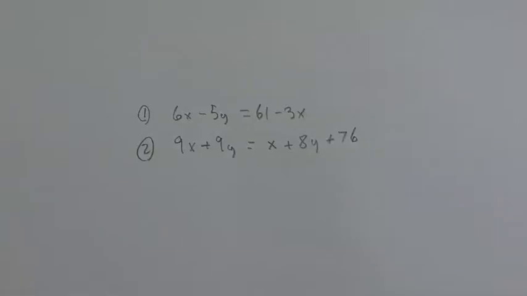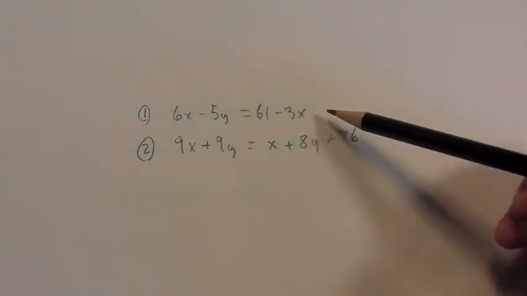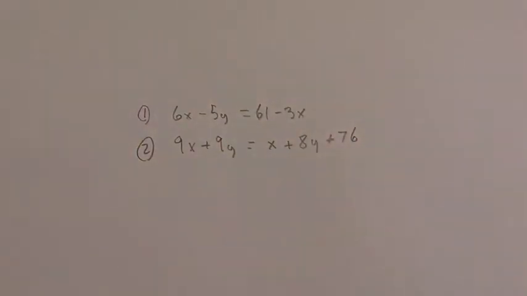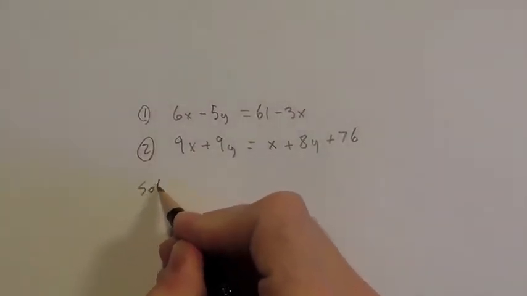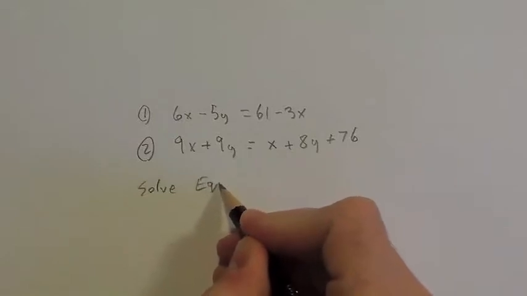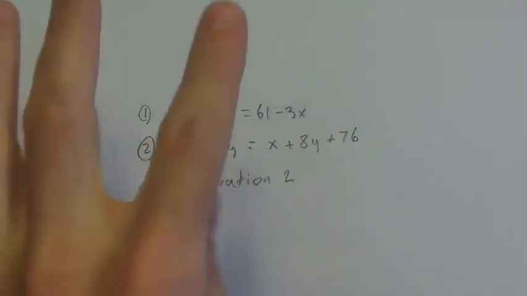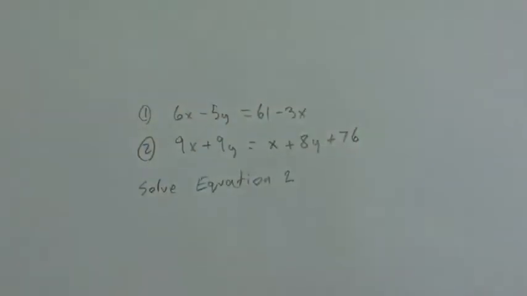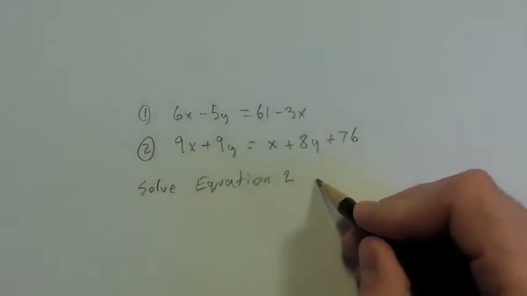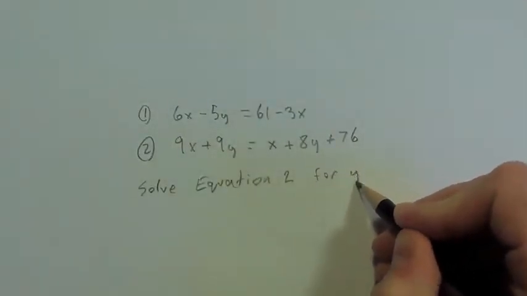In this case, it may look like equation 1 is the way to go, but actually I'm going to solve equation 2, and you might think it's weird that I'm always picking equation 2. It's not always the case that equation 2 is the better one, but in this case equation 2 will probably be best if we solve for y.